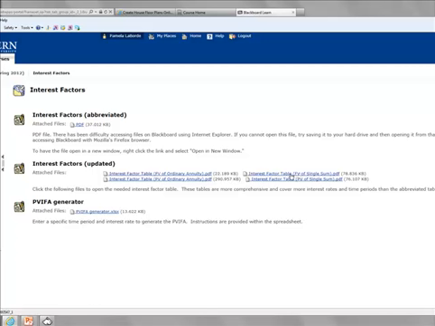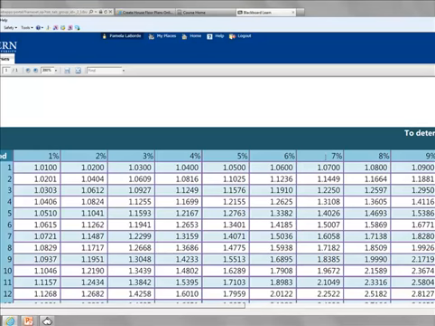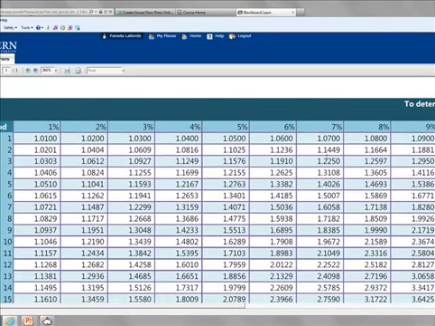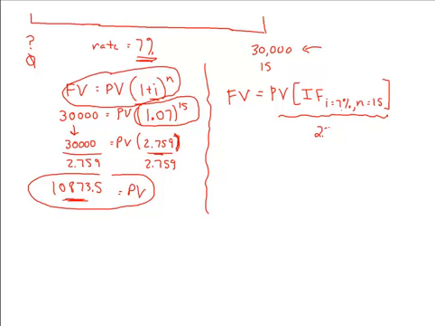If you go over to 7% and down to an N of 15, you'll find the right interest factor, 2.759. And that should sound familiar. So 2.759 is my interest factor.